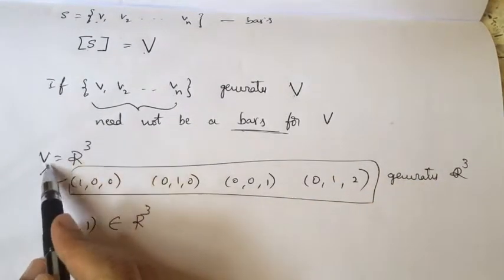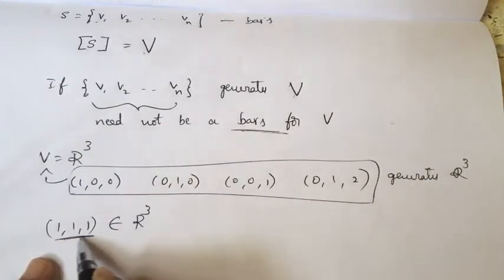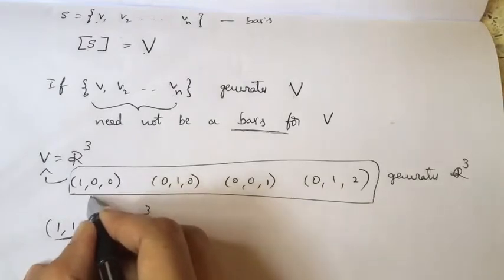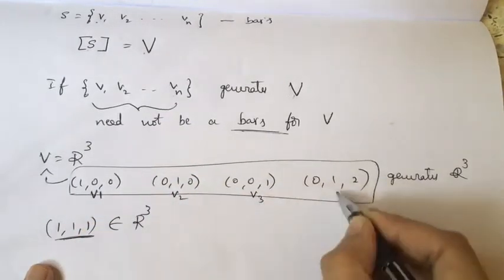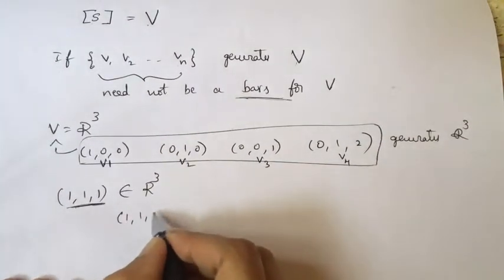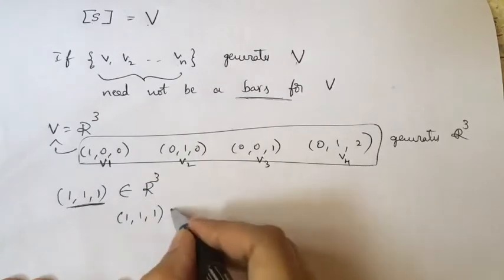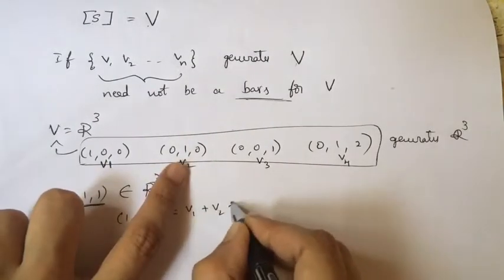So I'll take the vector 1, 1, 1 from R3. I'll write this as a linear combination of these vectors. So I'll name these vectors v1, v2, v3 and v4. This 1, 1, 1 that belongs to R3 can be written as v1 plus v2 plus v3.